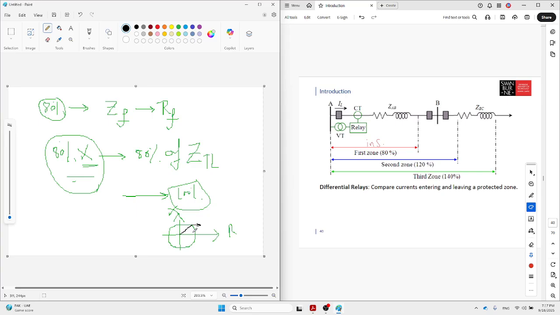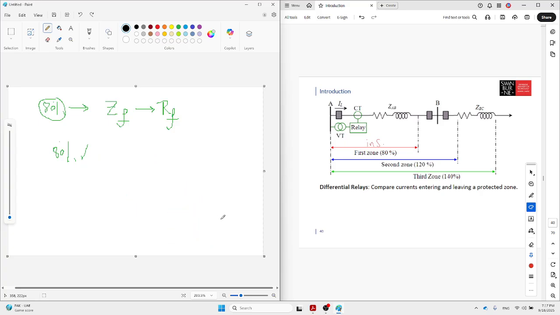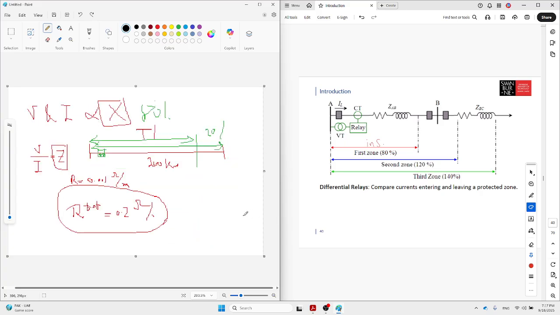All distance relays need to operate and will operate when the fault comes inside the zone. Okay, if it's outside the zone, it will not operate. So because of that, they assign 80%. There are other reasons behind that one. Later, in chapter 3 or 4, I will explain about that one.